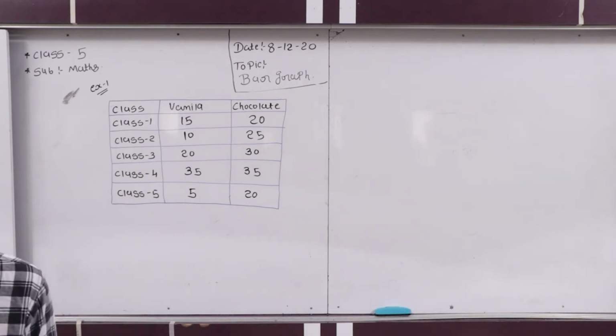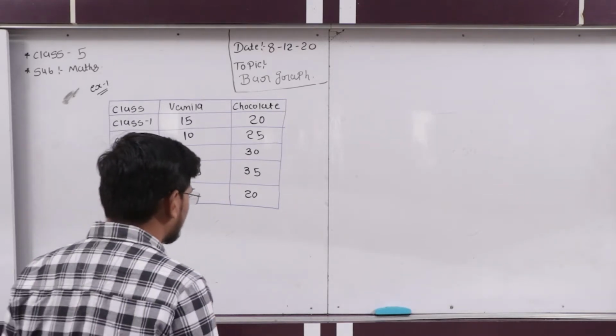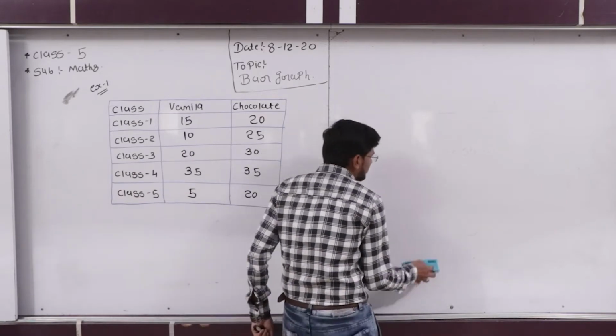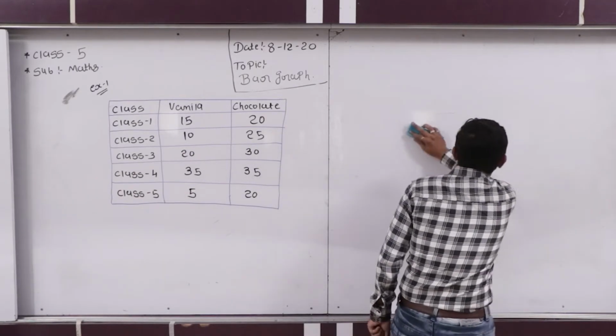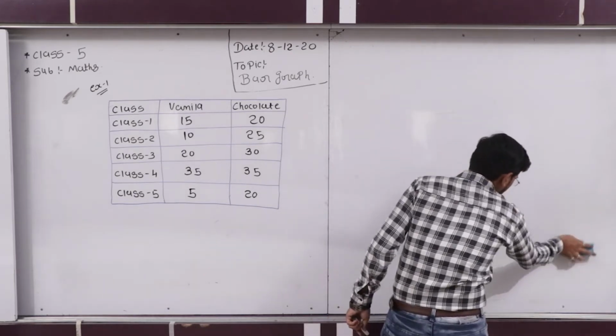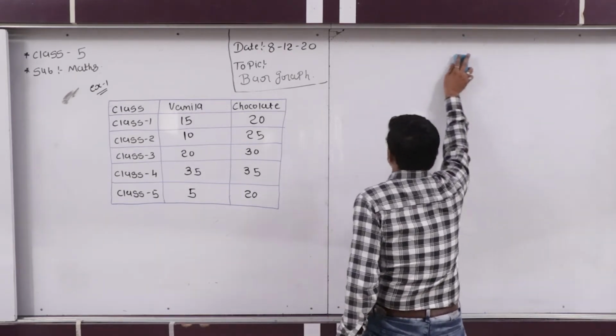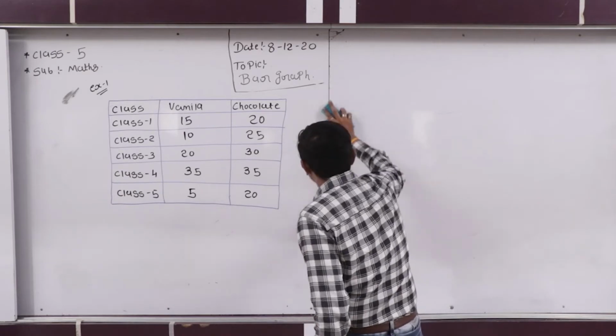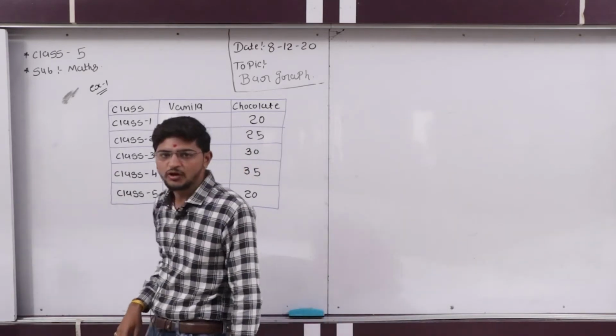Now we want to draw a bar graph. We all know that in a bar graph we have 2 axes. First axis is the x-axis and second is the y-axis. We take the x-axis as a horizontal line and the y-axis as a vertical line.